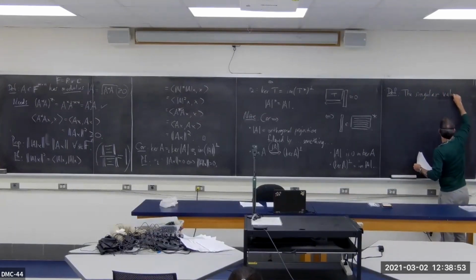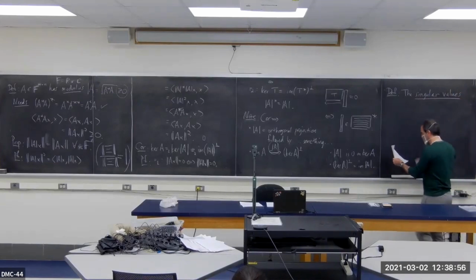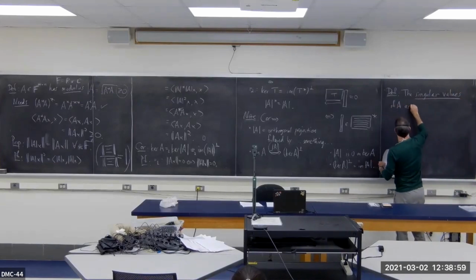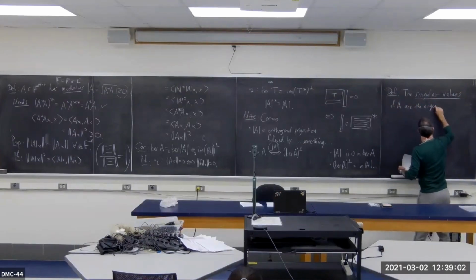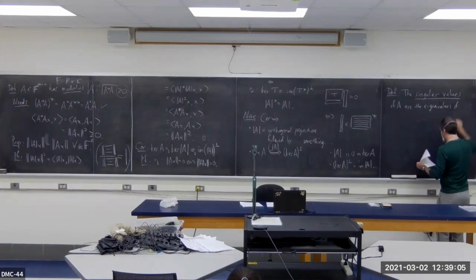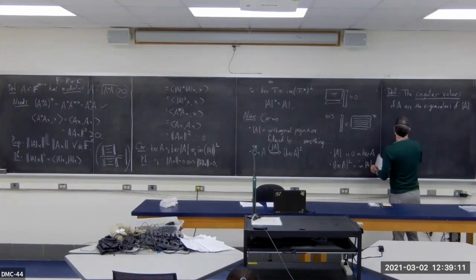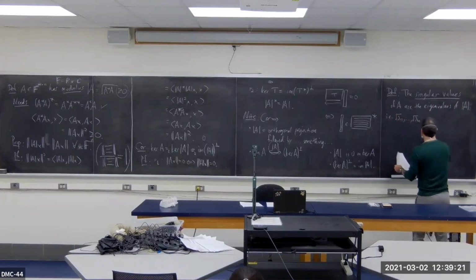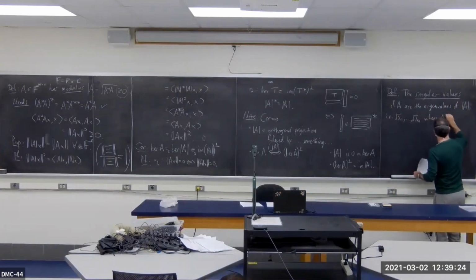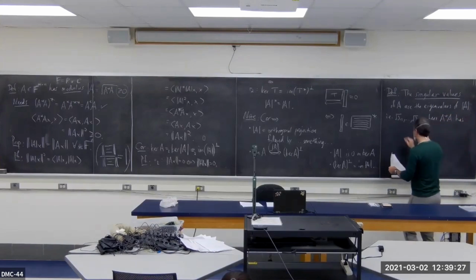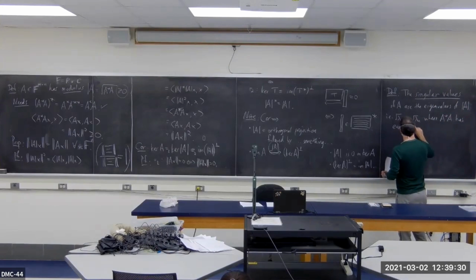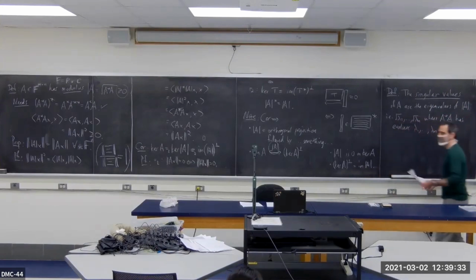These can be called the singular values of A. They are the eigenvalues of the modulus of A. That's the same thing as saying, i.e., root lambda 1 up through root lambda n, where A star A has eigenvalues lambda 1 up through lambda n. Okay, these are called the singular values.